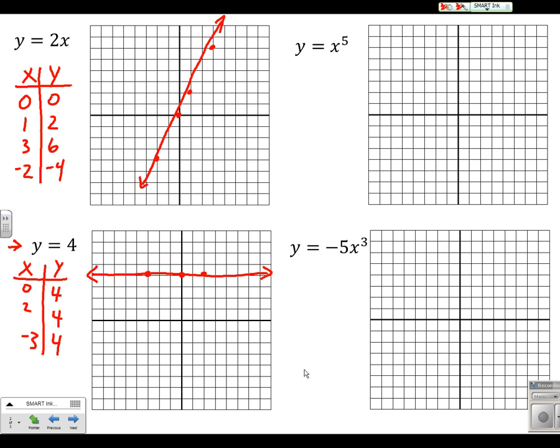Y equals x to the 5th. Well, 0 to the 5th is 0. 1 to the 5th is 1. Negative 1 to the 5th is negative 1. And 2 to the 5th is 32. And negative 2 to the 5th is negative 32. So by the time I get out here to 2, I will have well run off this graph.